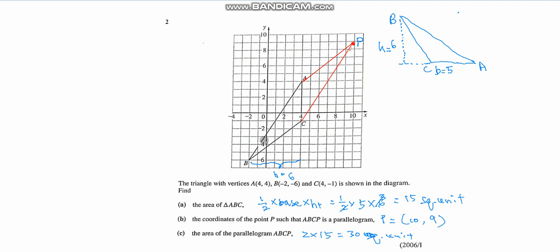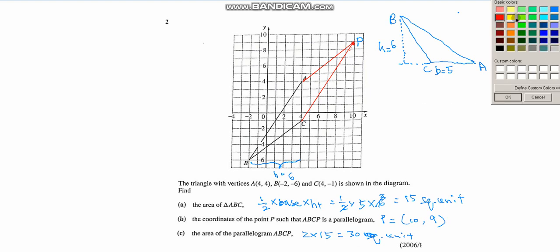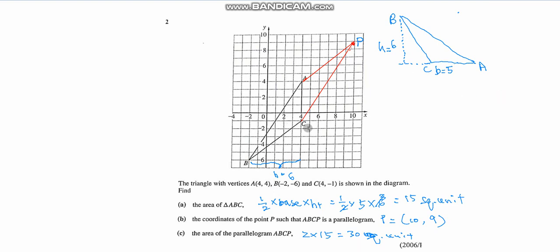That means if I draw this line, let's change the color slightly, from here, this is the diagonal. There are two diagonals, AC and BP.